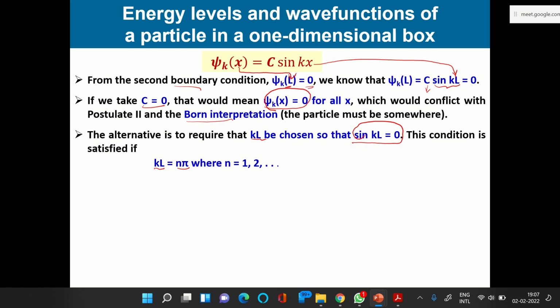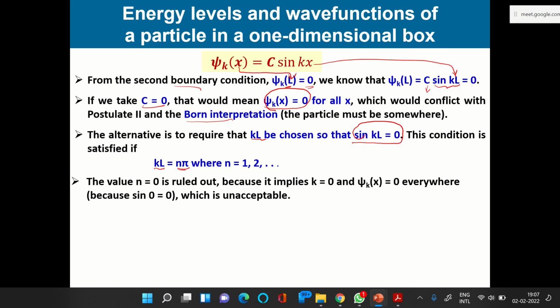The wave vector k is 2 pi by lambda, and k times L should be equal to n pi. Then sine n pi, when n is 1, for example, will become 0.